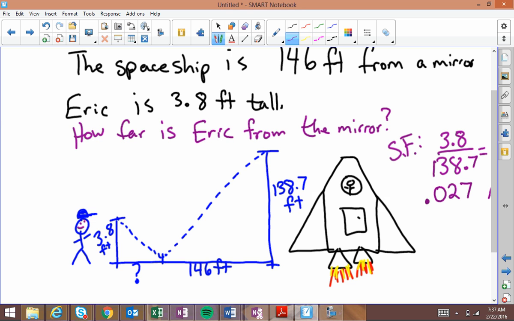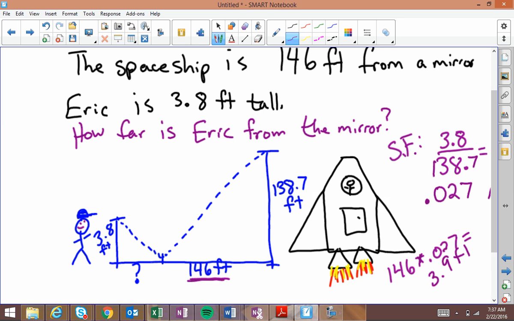Now I'm going to take my scale factor, and I'm going to multiply it by the corresponding side. So here is my corresponding side. It's 146 feet. So 146, multiply it by my scale factor. And this gives me 3.9 feet.